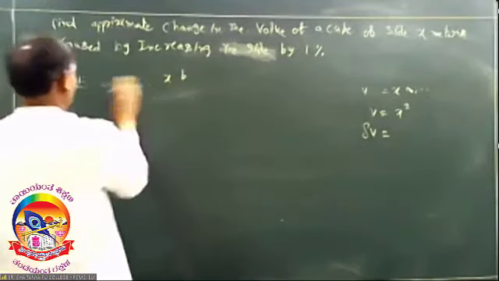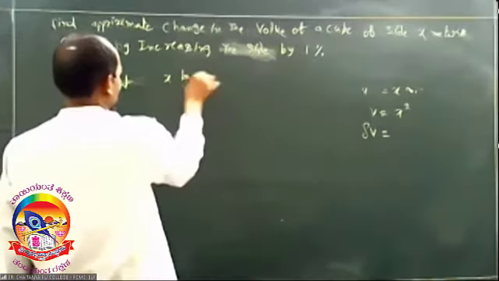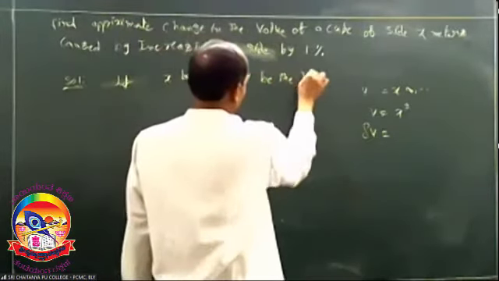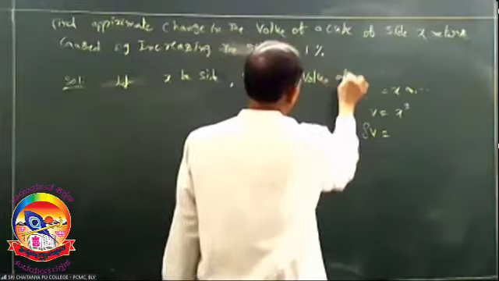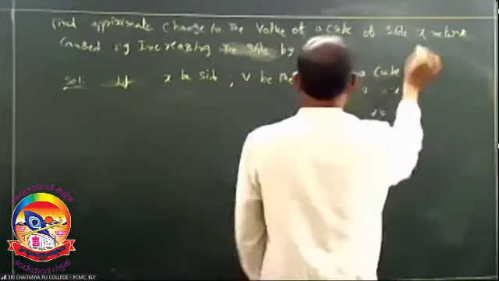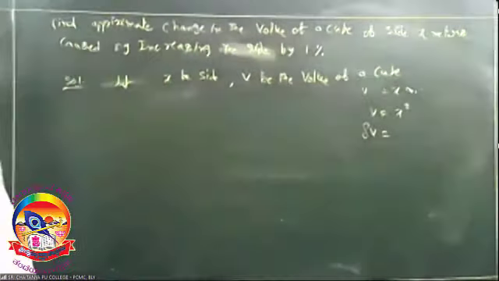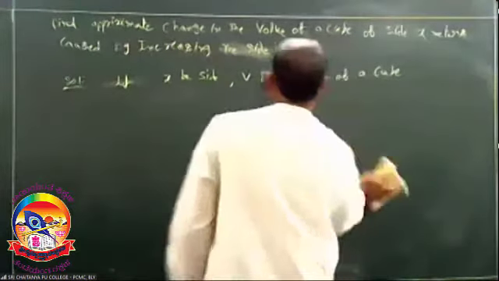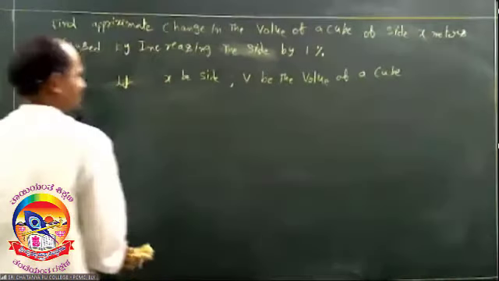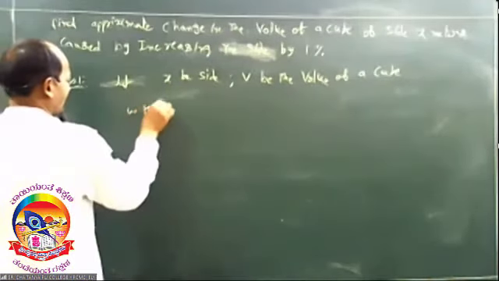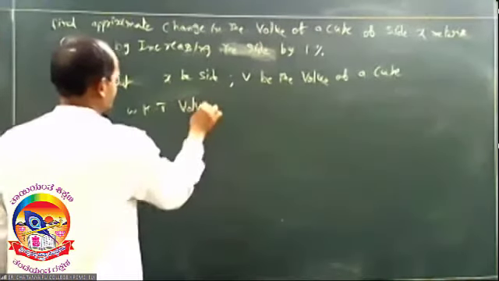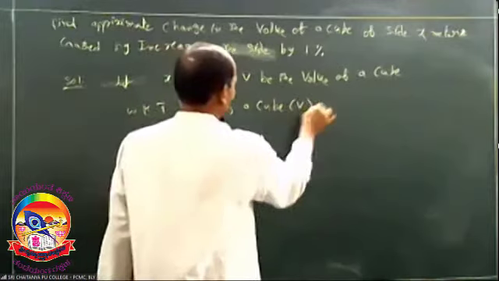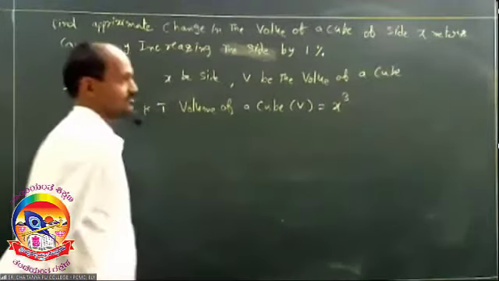Let x be the side and V be the volume of a cube. We know that the volume of a cube V is equal to x cubed.